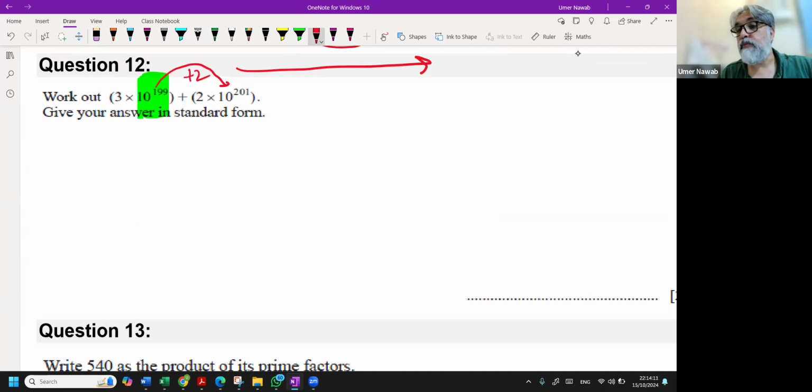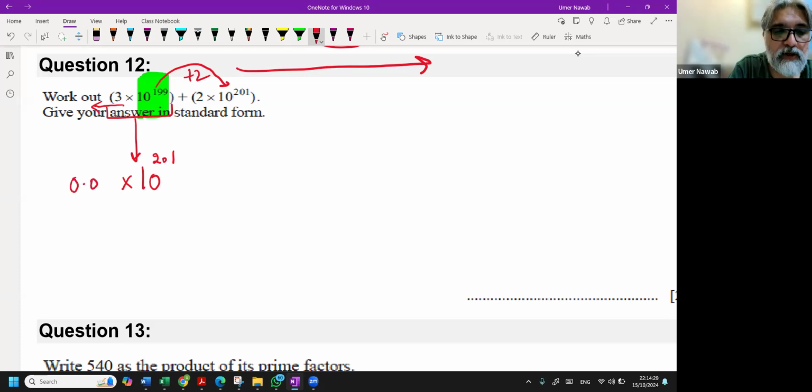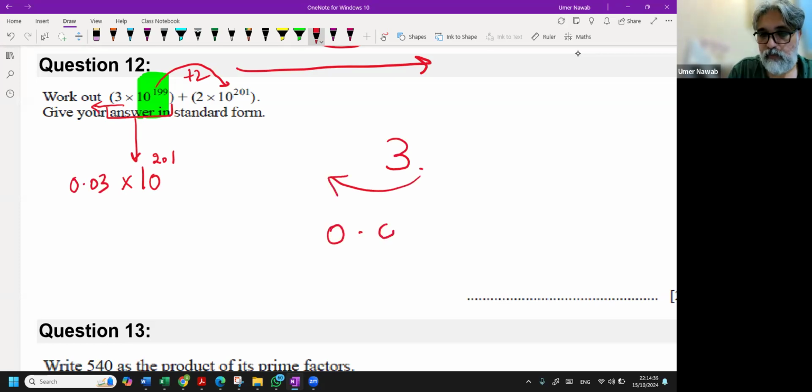Then it becomes 201. So 10 raised to 199 becomes 10 raised to 201. Now I have to push the decimal to the left so that 199 becomes 201, and the 3 will become 0.03, because for 3 the decimal is here. And when you push it 2 digits behind, it becomes 0.03.